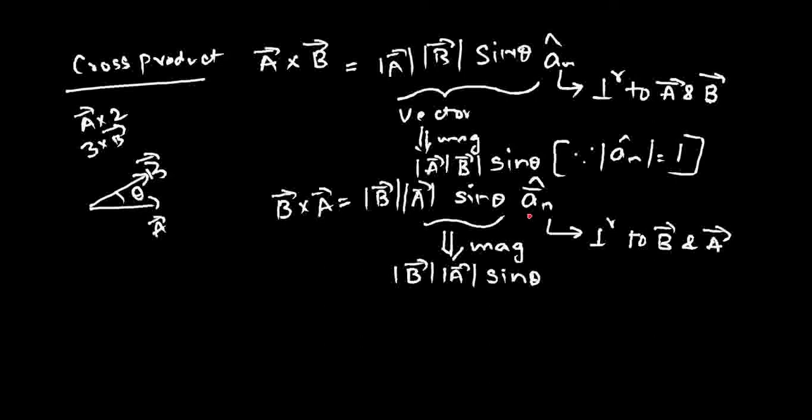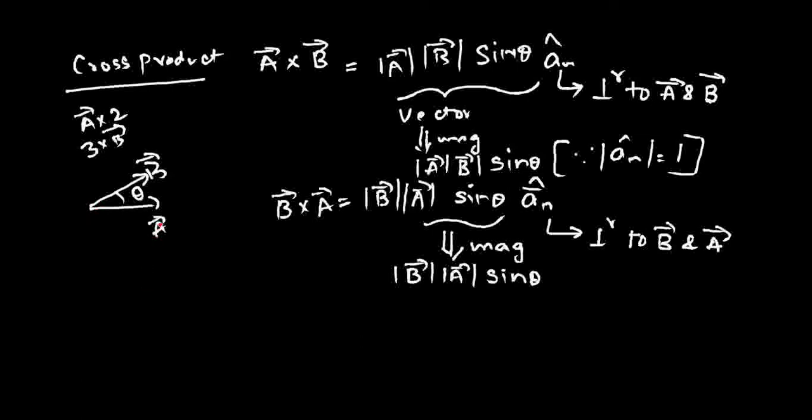Now how do you find out the direction, whether it is a positive direction or a negative direction? Use the simple concept of the right hand rule. What does the right hand rule say? Take your right hand and curl your fingers from the first vector to the second vector, and then look at the direction of the thumb. If the thumb is projecting upward, take it as positive.